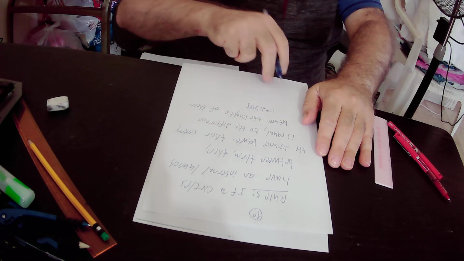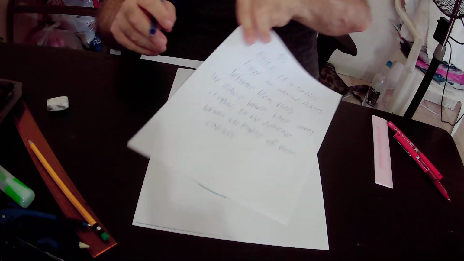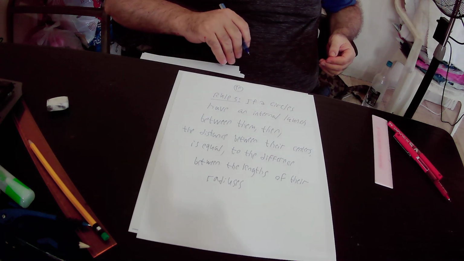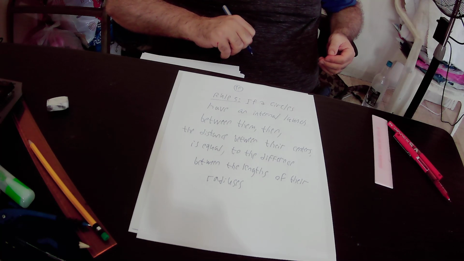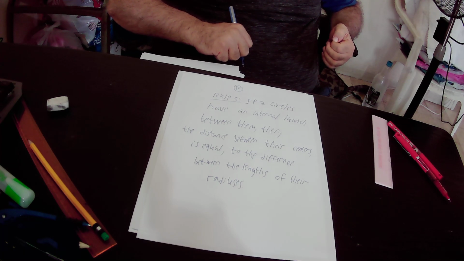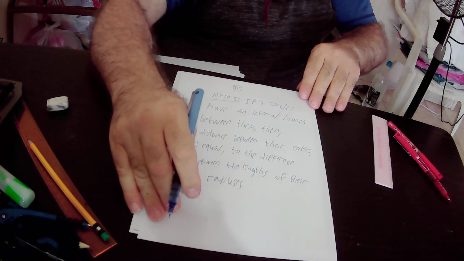So I will read rule number 5 again. According to rule number 5, if two circles have an internal lunge between them, then the distance between their centers is equal to the difference between the lengths of their radiuses. Okay?